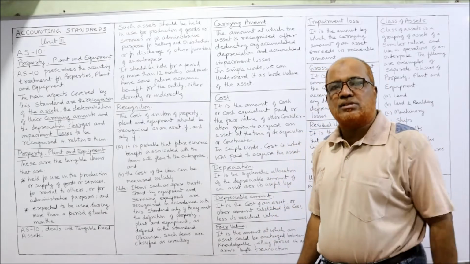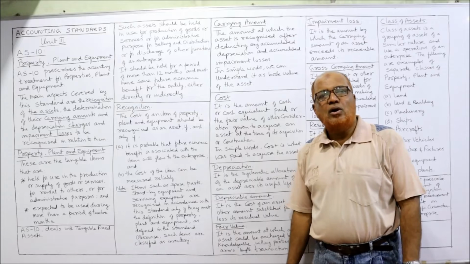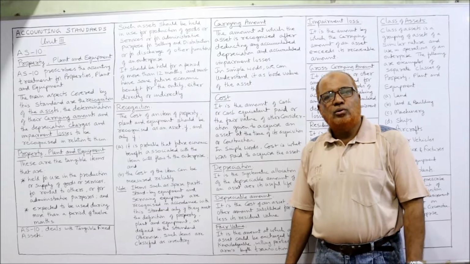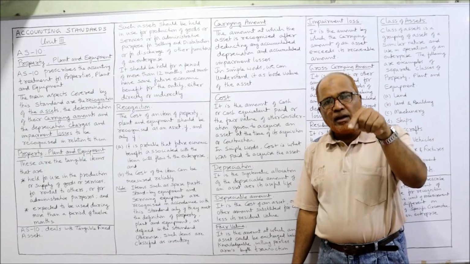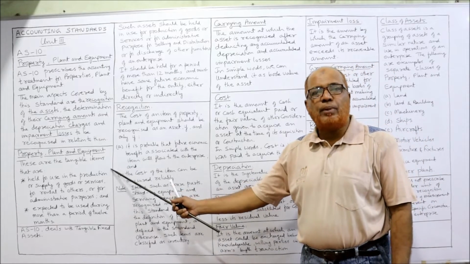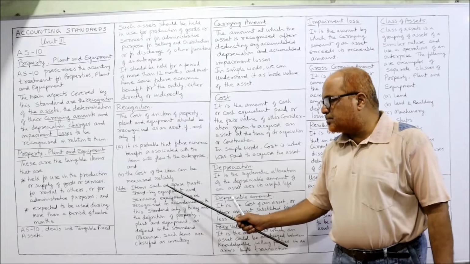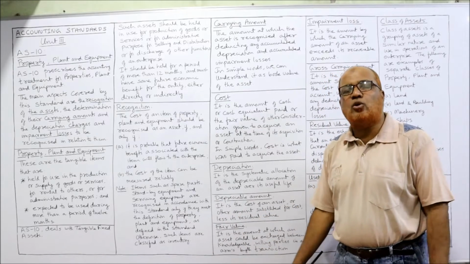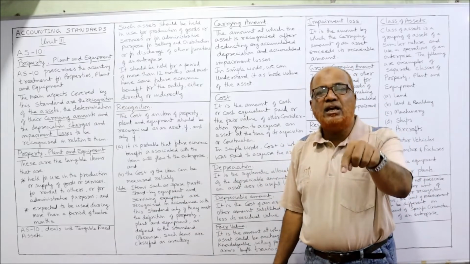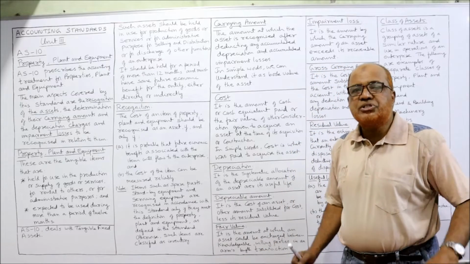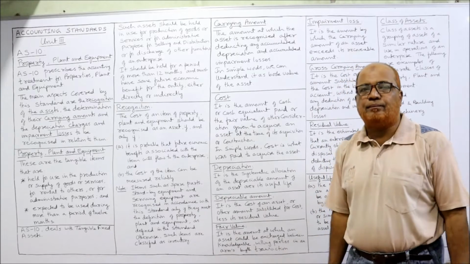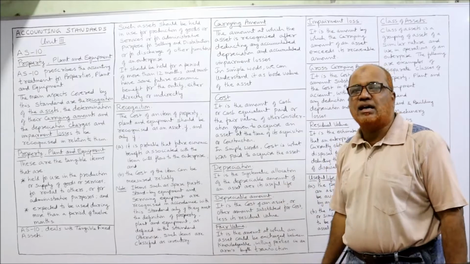There are some items called spare parts or standby equipment or service equipment, etc. If these items do not satisfy the condition of property, plant and equipment, then they will be included under inventory. It is not a tangible asset covered under AS 10. It will be separately treated as inventory. That point you have to remember for recognizing the asset.